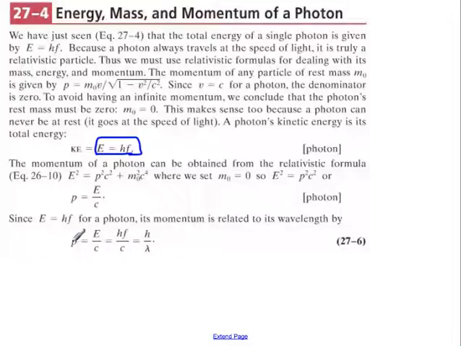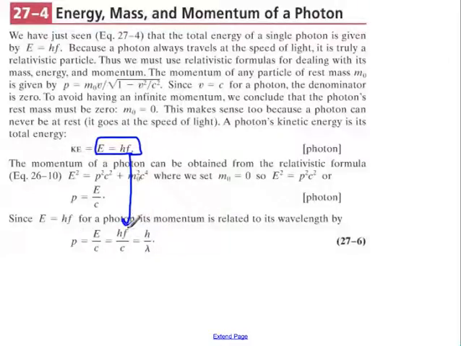So you can solve for the momentum of a photon by taking its total energy, it only has a total energy, we just talked about that up here and you answered it for your reading guide, divided by the speed of light, and its total energy can be represented like this, based on what Planck did.